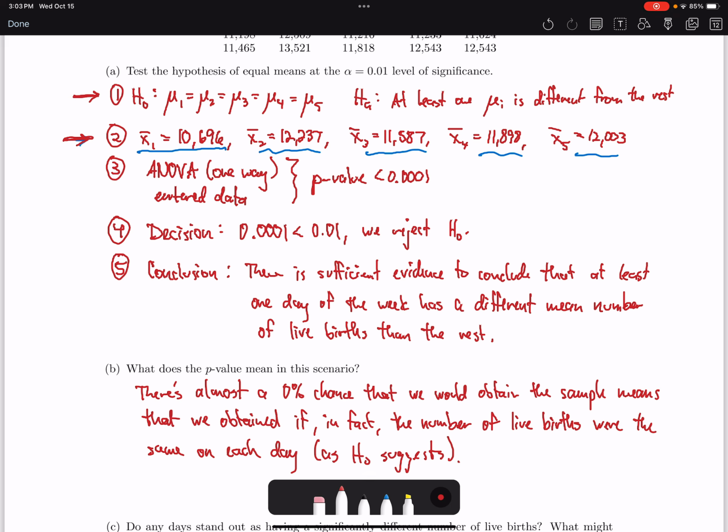Okay, there would be almost a 0% chance of us seeing what we saw, which means, well, maybe it's not such a good assumption to make. Maybe we should reject that assumption, right? And so we do. We reject the null hypothesis.